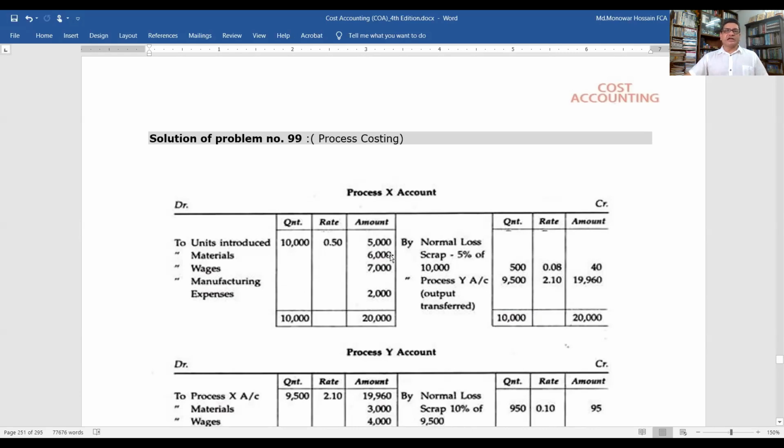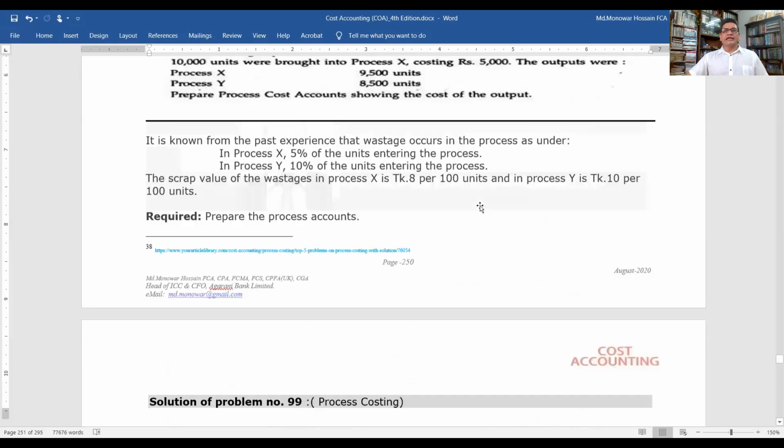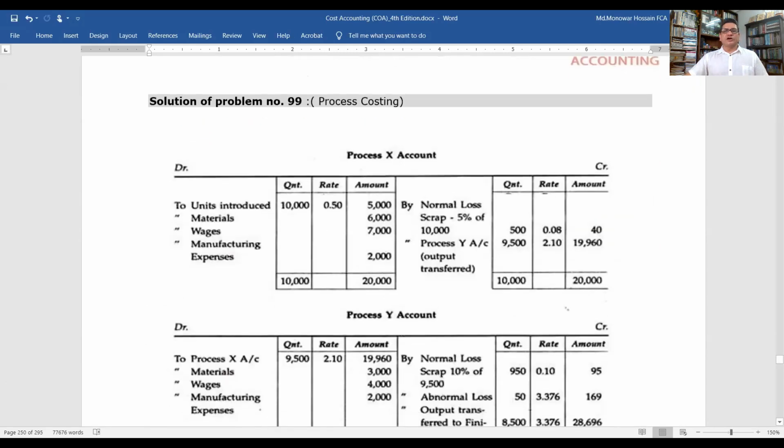So material 6,000, wages 7,000, manufacturing expense 2,000 as given in the question. So the total amount is 20,000 for the quantity 10,000. Here the normal loss scrap is 5% of 10,000, which means 500.